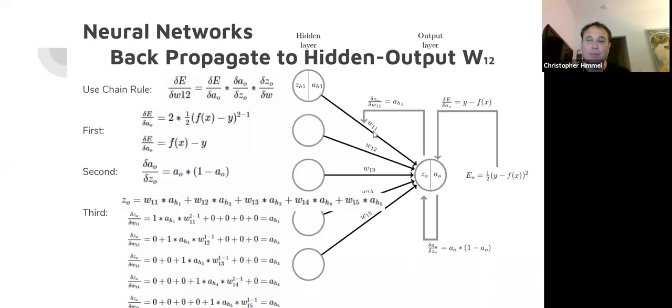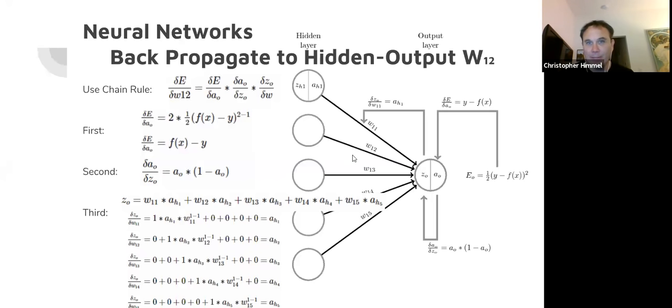And then what we're going to do is we're going to try to change these weights a little bit in the other way. So if the W11 getting bigger makes the error get bigger, we're going to make W11 get smaller so that the error gets smaller. So that's our goal. Okay, the way we're going to do this is by doing a partial derivative. A partial derivative of the error with respect to that weight, one of the weights.